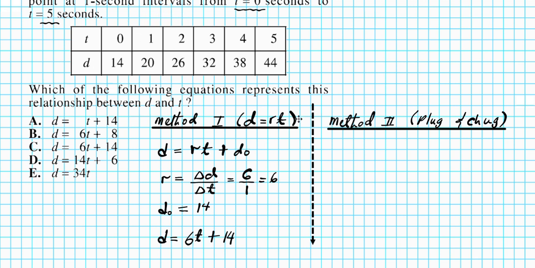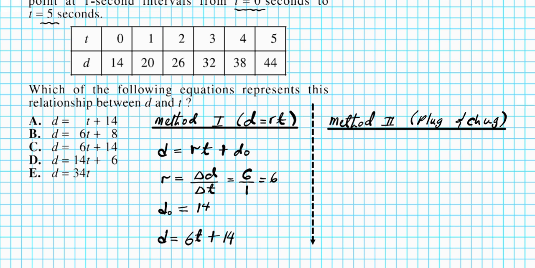Now, what you want to do is pick a test point, a t and a d value that you want to test these equations with to see which generates a true statement. You might want to avoid picking the first coordinate pair because sometimes the first pair satisfies multiple equations and you have to advance to the next combination.